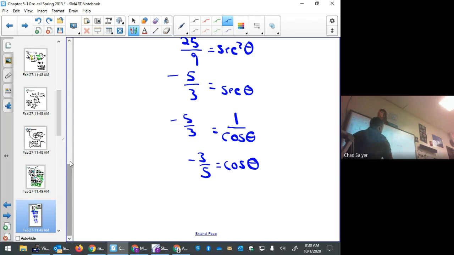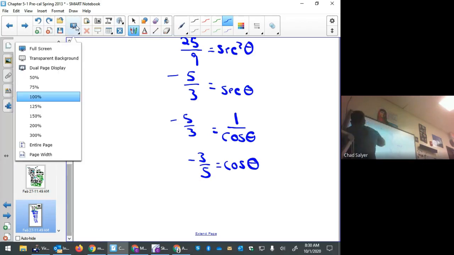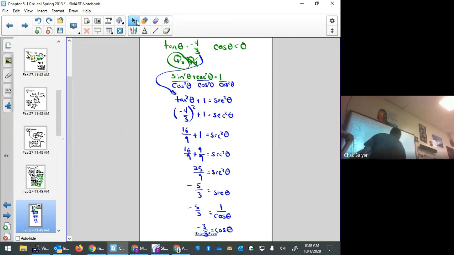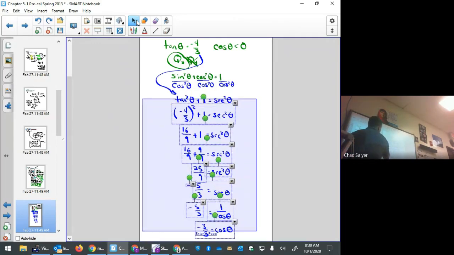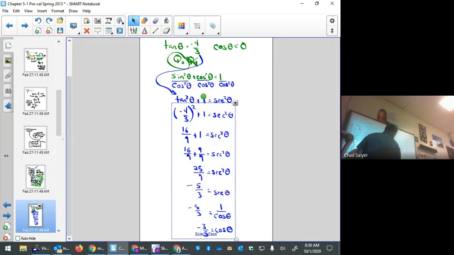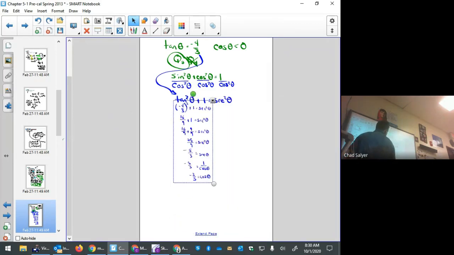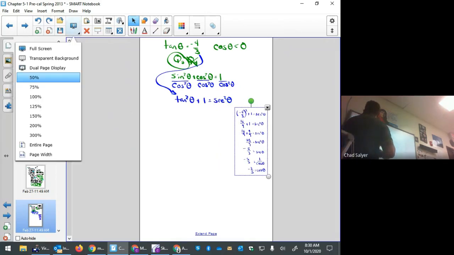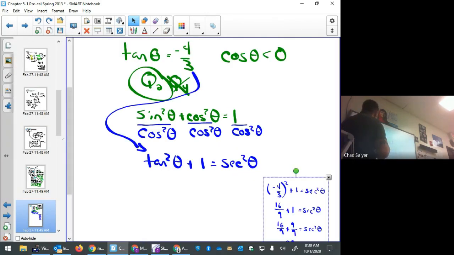All that work, we finally got to where we know the cosine. So all that was about finding the cosine.